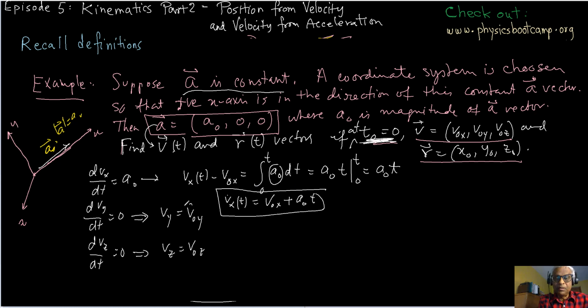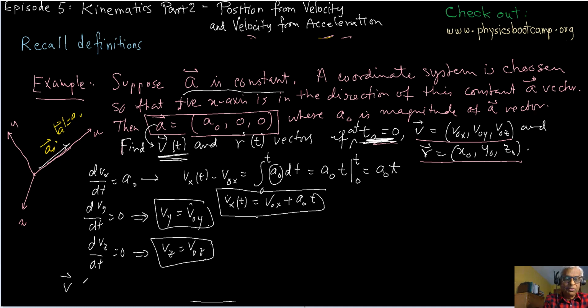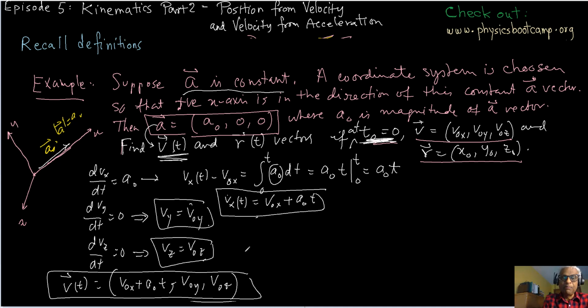So this with this and this gives me the velocity vector. These are the components of the velocity vector. So the velocity vector at some time t has x component v0x plus a0t, v0y, v0z. So that's part of the answer, and then you need to figure out the position.